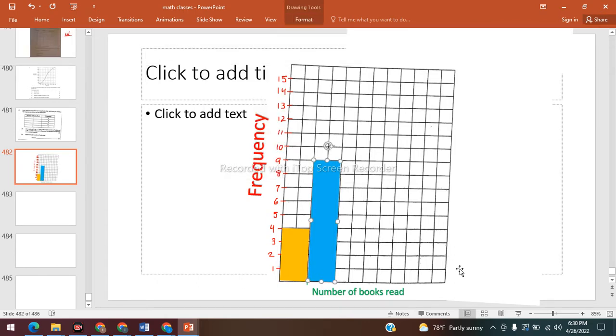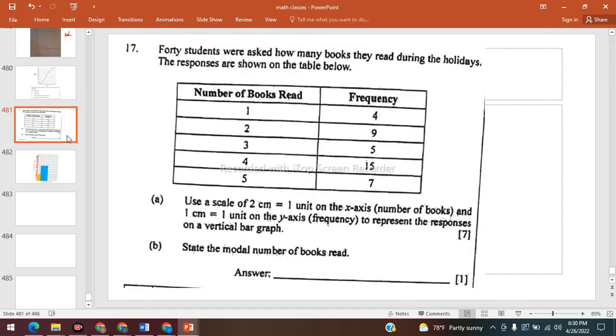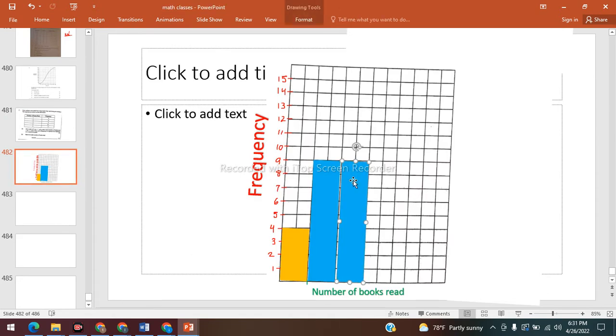Good. And then next up is we want the number of books read. Let's say it was 3. So it's going to be 5.